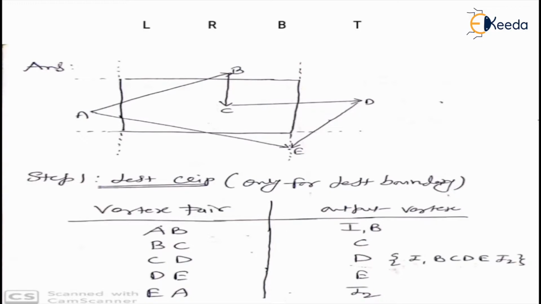In this algorithm, we start from the left side, then the right side, then the bottom, and then the top side. So first we clip the polygon from the left side, the left boundary of the window.